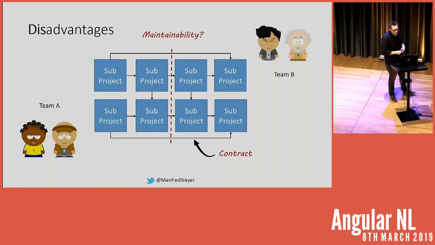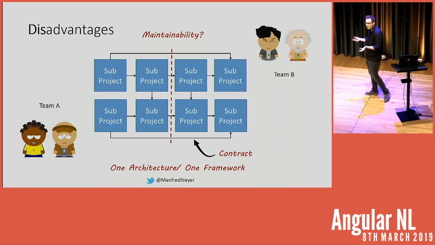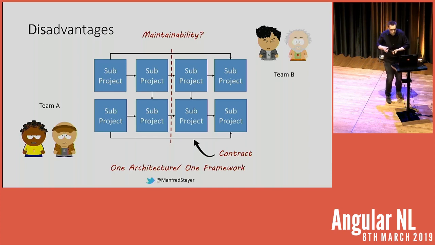And this also decreases maintainability because that means you cannot change something easily, you cannot change something quickly. And it also means you just have one architecture and just one framework because there is just one overreaching system. And of course, you could try to squeeze in another architecture and another framework, but this would lead to the Frankenstein monster we wanted to prevent.